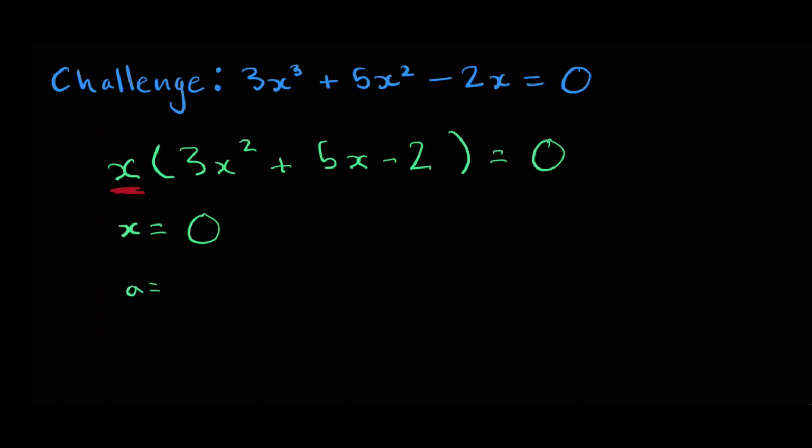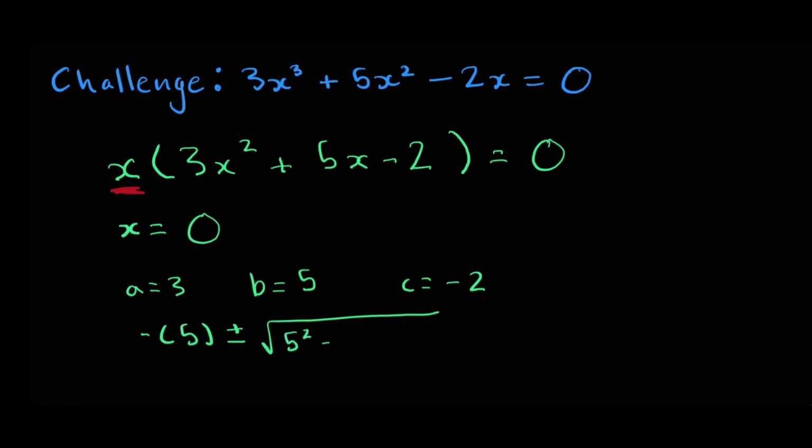So for this question, we can see that a equals 3, b equals 5, and c equals negative 2. And plugging that into the quadratic formula, we just have negative 5 plus or minus root 5 squared minus 4 times 3 times negative 2, all over 2 times 3.